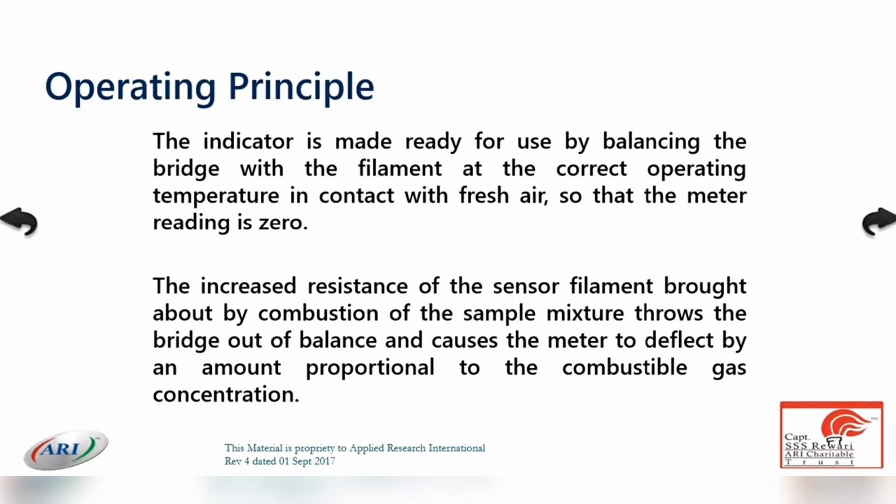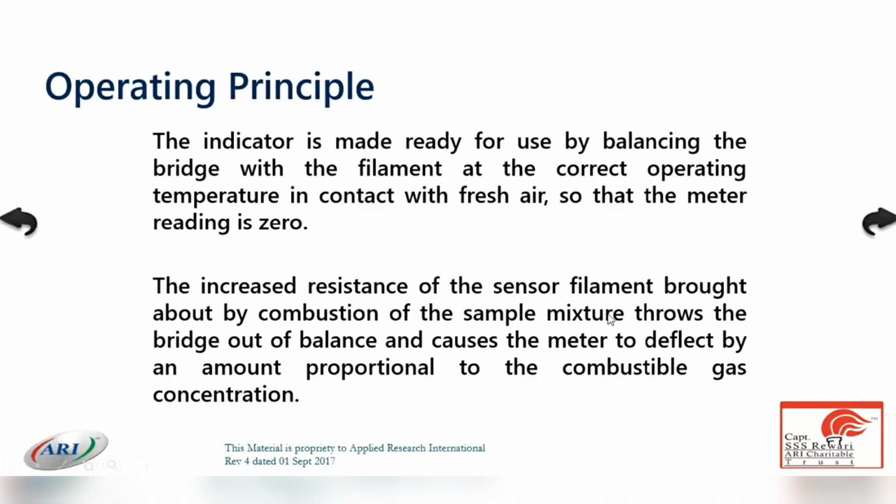When you switch it on in fresh air, the temperature of this filament increases a little, and once all four resistances become the same, no current is flowing, the Wheatstone bridge becomes a balanced circuit, and it gives a 0 reading on the meter.